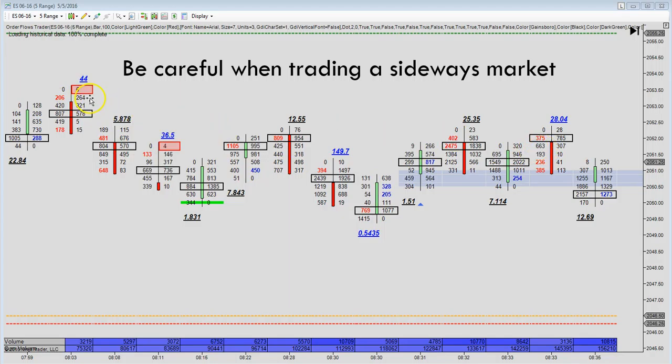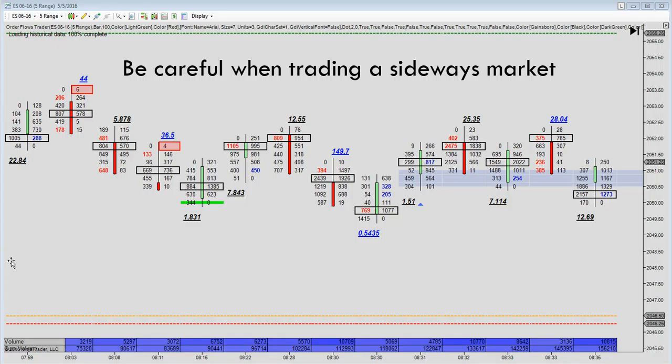I mean, yes, you can make the argument that you should possibly be short. You got a ratio here, a ratio here. You could be looking somewhere to get short in here. But when you see this number in here, if you're short, you should be looking to get long. But this market's going sideways, and oftentimes on sideways moving markets, you tend to get ratios sort of opposing each other.